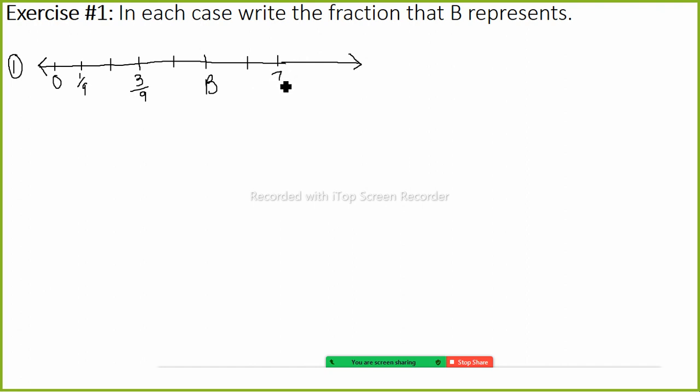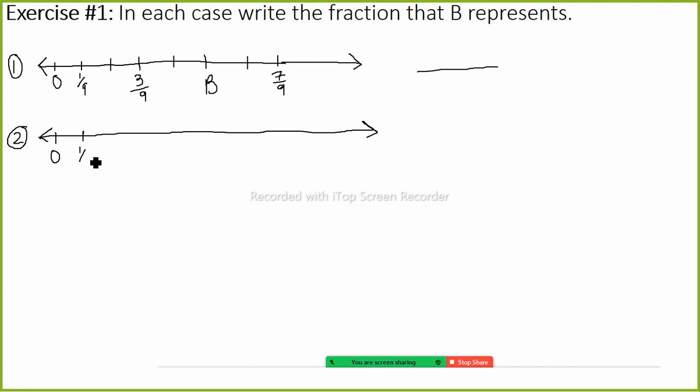This one is 7 over 9. So on this line, what is the value of B? Number 2. Again, I have 0, this time I have 1 over 7, 3 over 7.